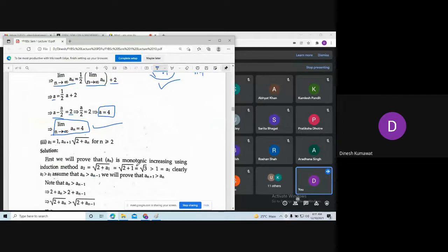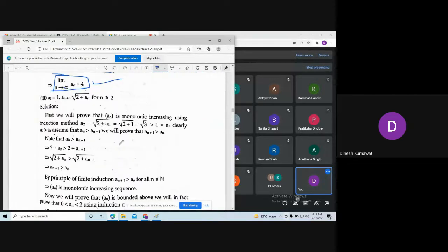Okay, now next example. This is also a similar kind of example. Here you have an equality symbol. a1 is 1, and a(n+1) equals the square root of 2 plus a(n), for n bigger than or equal to 2. Now what is your guess?